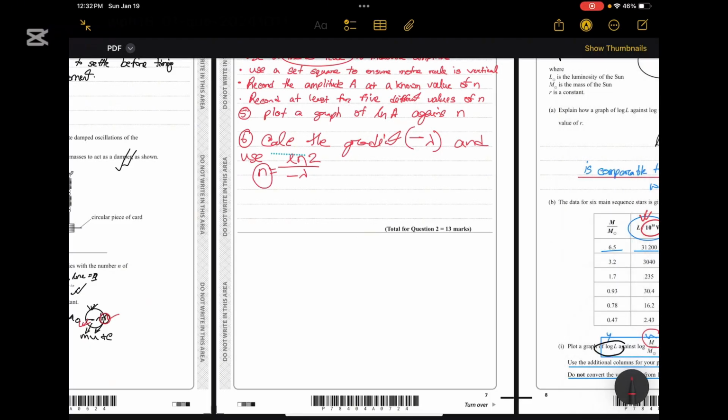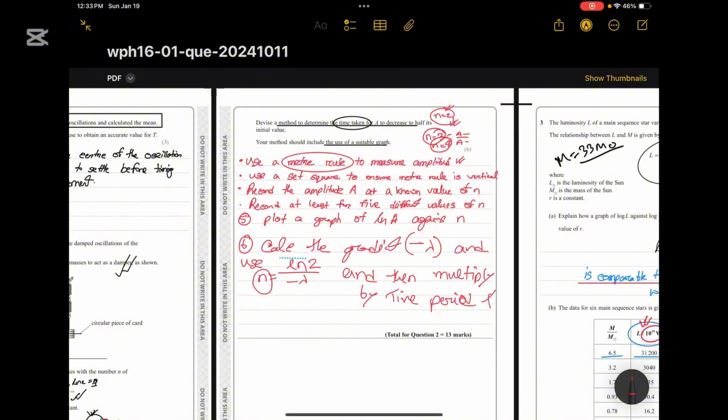By this we will get our half-life, and then we have to multiply it with our time period. Okay, so we are basically done.